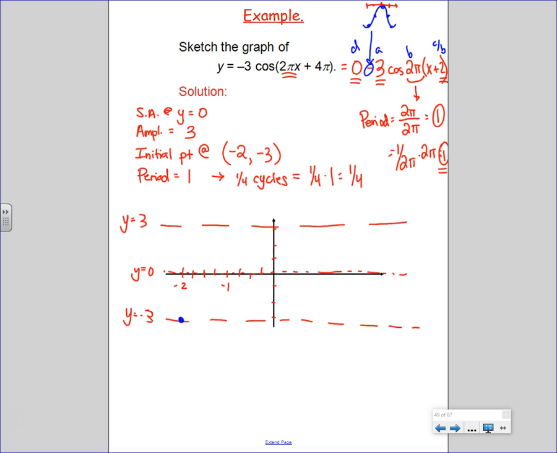And couldn't I then say, let's go over a fourth, and I'm going to be at the middle. Let's go over a fourth, and I'm going to be at the top. Let's go over a fourth, and then be back to the middle. Let's go over a fourth, I'll be down. Because of the way that I put the tick marks on my horizontal axis, now I can clearly show my wave just a little bit better.